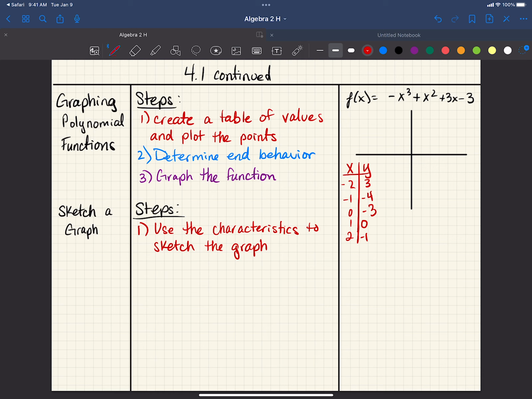So I kind of have here my function. At 0, I'm looking at -3. So there's 0, -3. And then I have 1, 0. And then I have 2, 2, -1 is going to be a little bit in the way, so I'm actually going to move this 1, 0 up here. 2, -1.